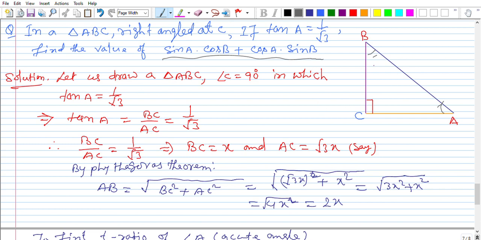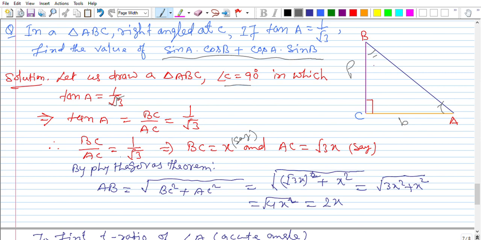Let us draw a triangle ABC, right angle at C 90 degrees, in which tan A equal to 1 is to root 3 ratios. You know tan A equal to perpendicular by base. So your angle is A, this is your perpendicular, this is your base. So BC by AC is 1 by root 3, we get BC equal to x, AC equal to root 3x, where x is a positive number.